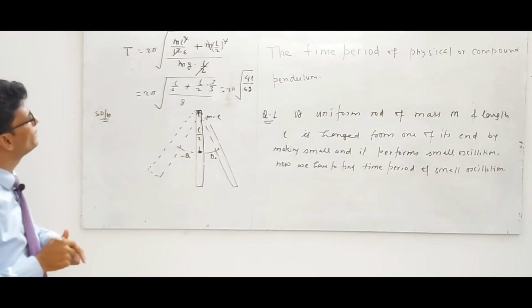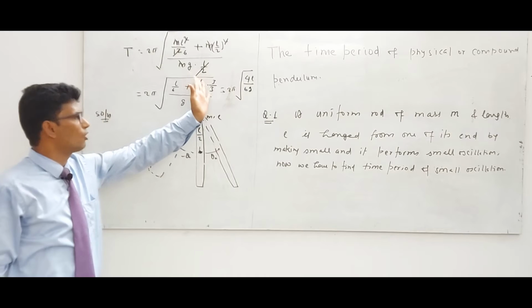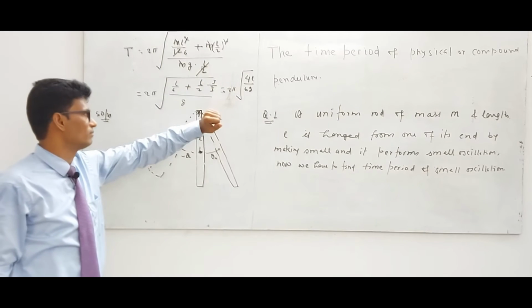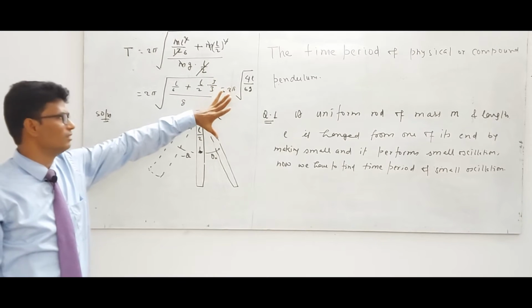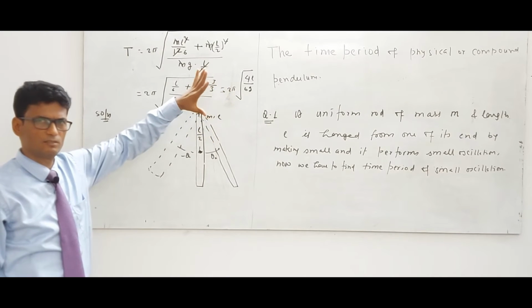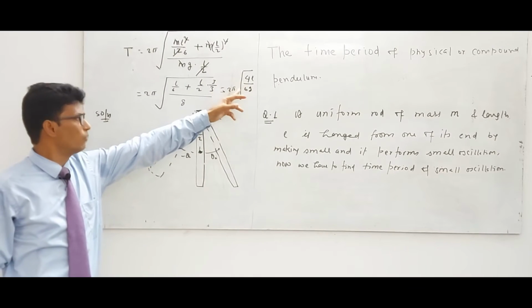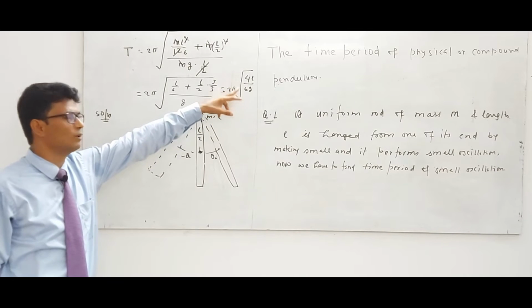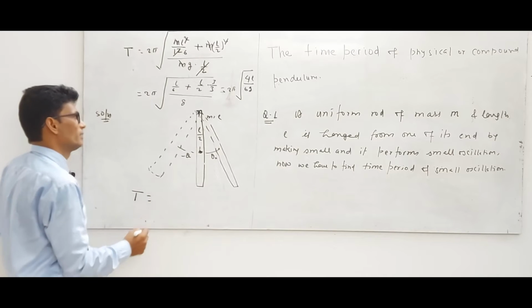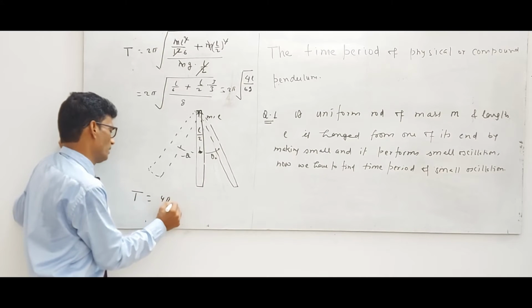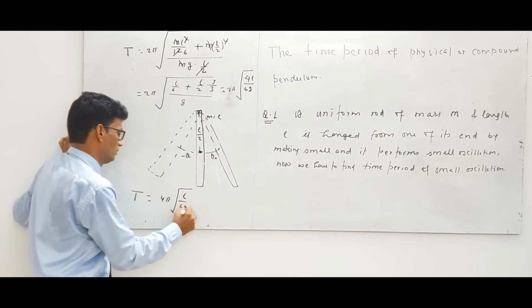You may take 2 inside or outside, so we have to write the answer in the form you want. Taking 4 out, we get 4 pi under root L over 6G. So we write the time period as 4 pi square root of L over 6G.